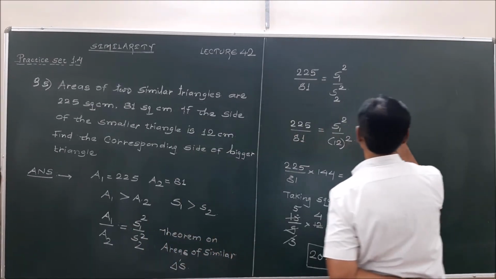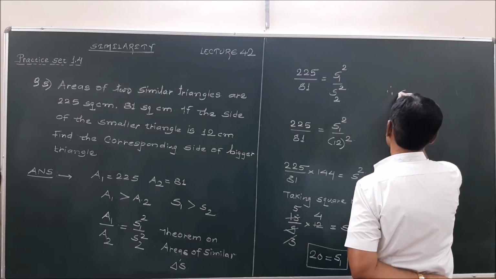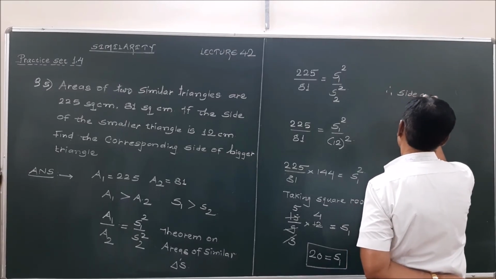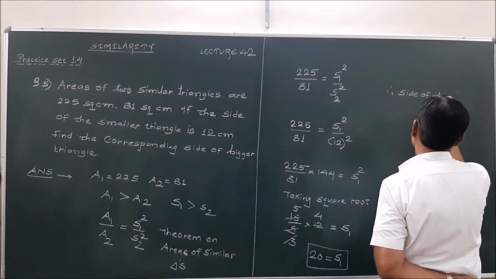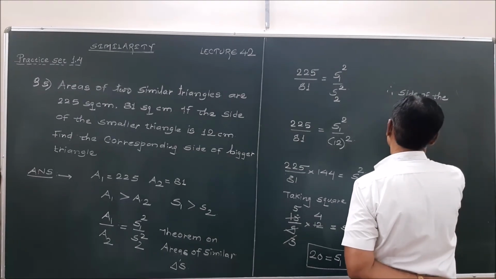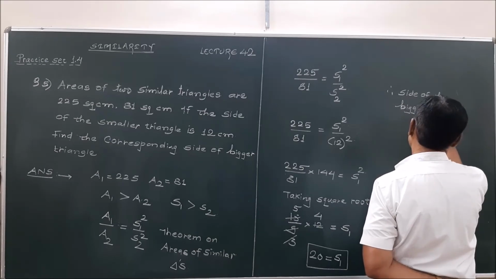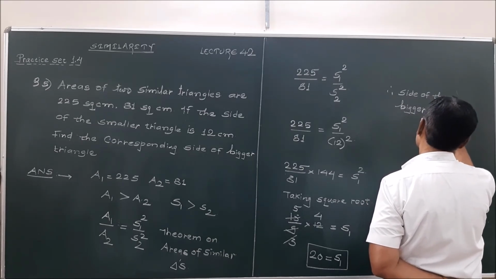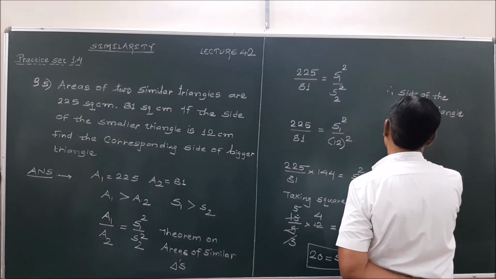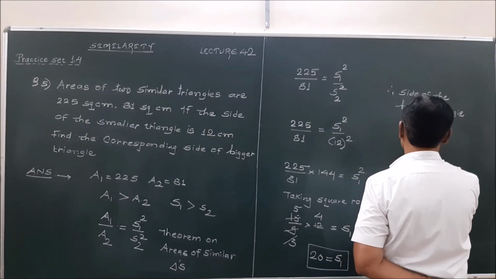Therefore, side of the bigger triangle is 20 centimeters.